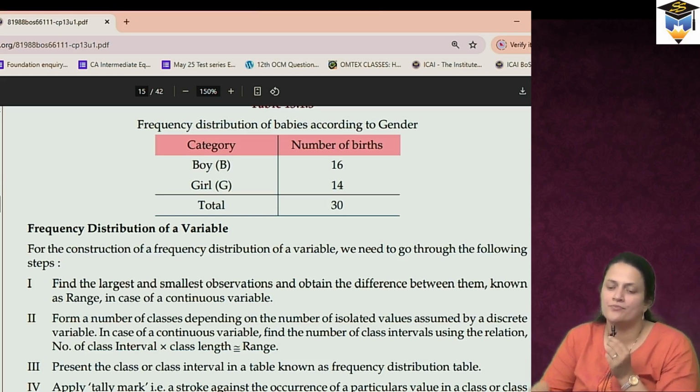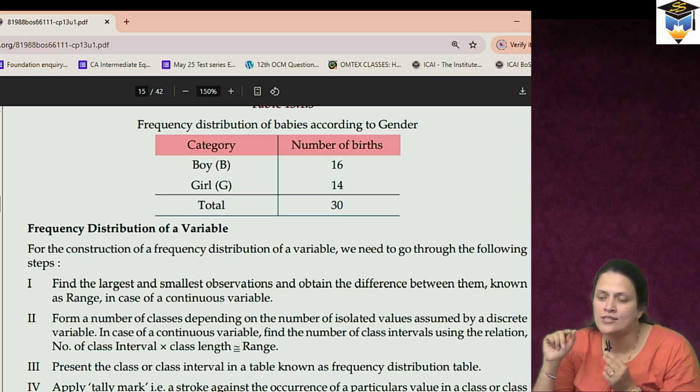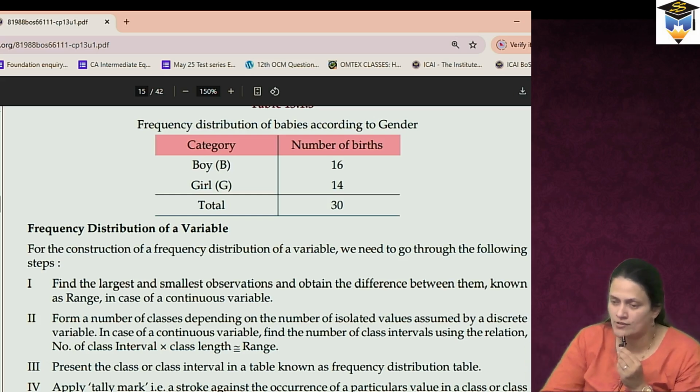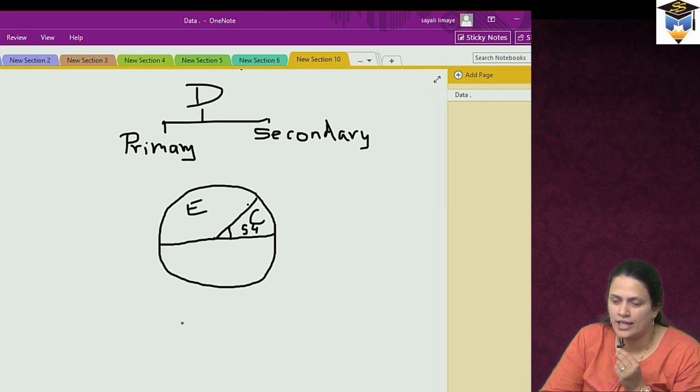Okay, write down first frequency distribution of a variable. Write down first term called range, range of observations. Range R is nothing but largest observation minus smallest observation.